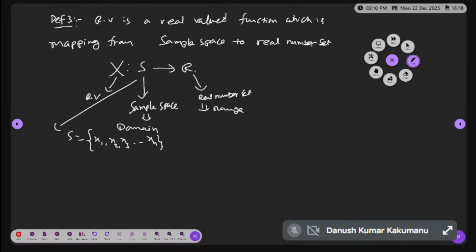You are understanding? Take an example: number of heads in each event when two coins are tossed.